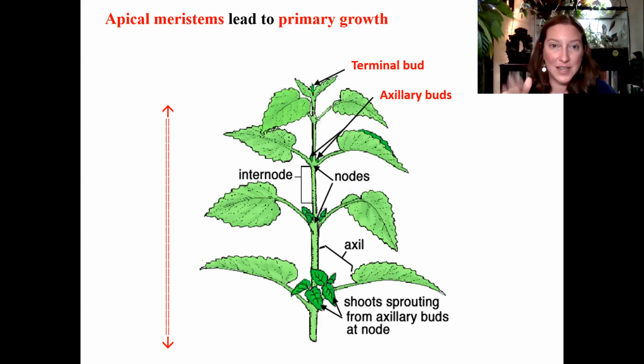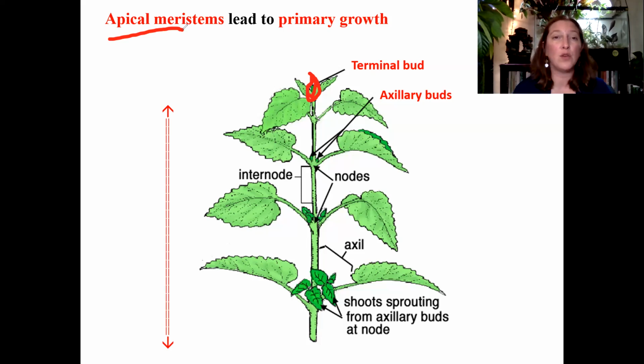So here is a plant, and at the top you see it says apical meristems lead to primary growth. In this drawing, this terminal bud right here is what's called an apical meristem. A meristem is a type of tissue composed of cells, and those cells can divide into lots and lots of different other types of cells.